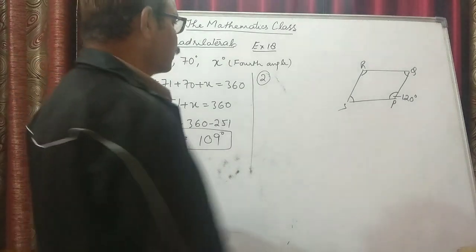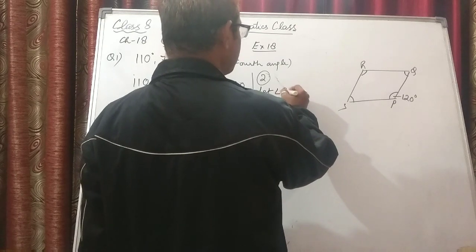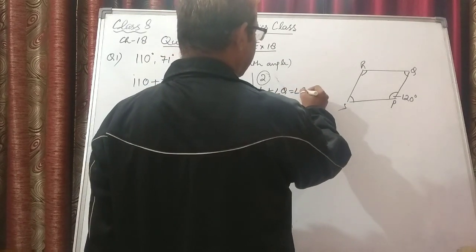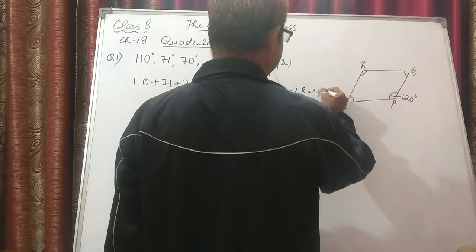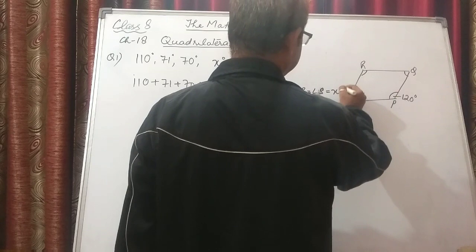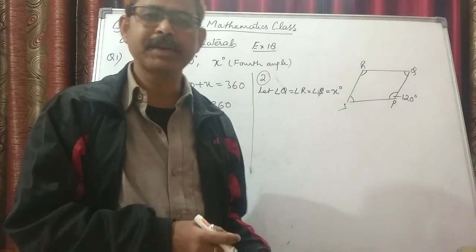Find angle QRS. So let angle Q be equal to angle R be equal to angle S be equal to x degrees. Since all the three angles are equal, we can take a common measurement.